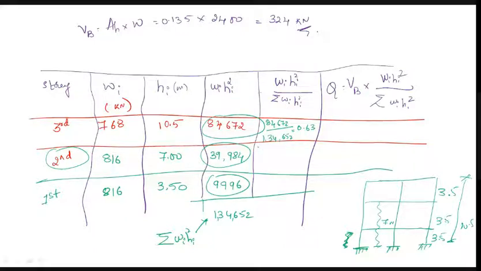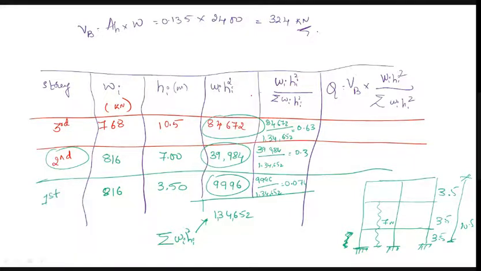Similarly, 39,984 divided by 1,34,652 results in 0.3. Similarly, 9,996 upon 1,34,652 results in 0.074.